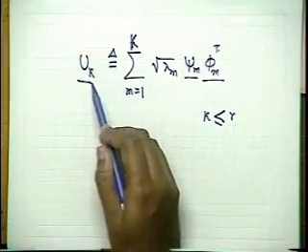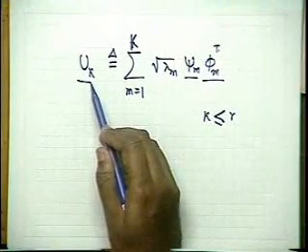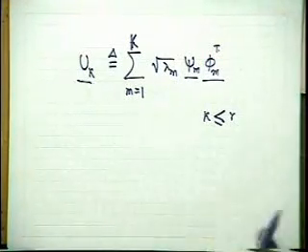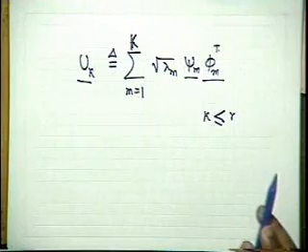So naturally U is the same as U k when k is equal to r.